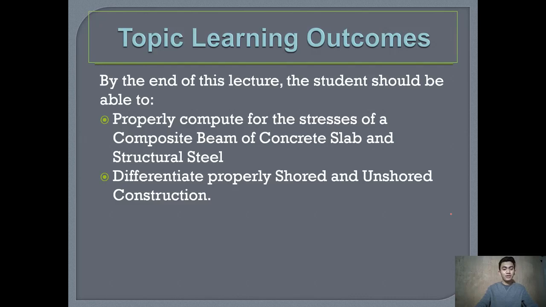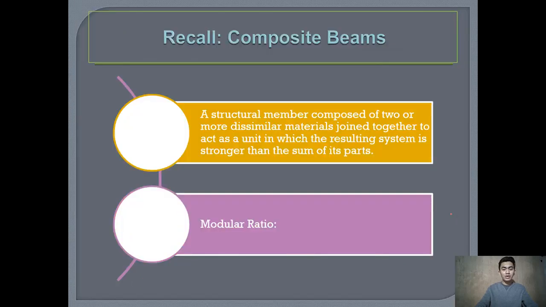Before we proceed to our new topic, let us first recall what composite beams are. As I said last meeting, a composite beam is a structural member composed of 2 or more dissimilar materials which are joined together to act as a single unit, where the resulting system is stronger than the sum of its parts.